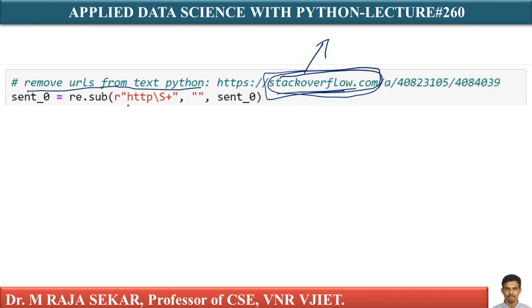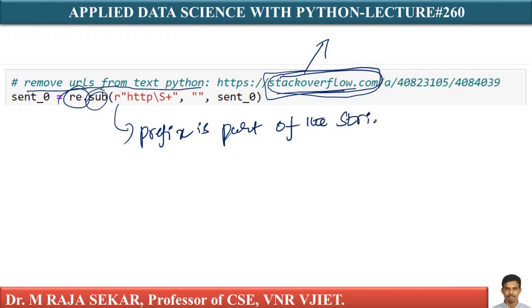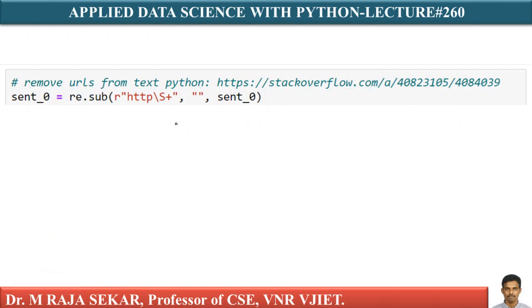This r is in regular expression; re means regular expression, sub means substitute. The r is a prefix, a part of the string syntax. This class may not permit me to discuss much about regular expressions. I kindly request you to go through this particular blog. There they explain neatly. If you have any difficulty, just keep a comment.